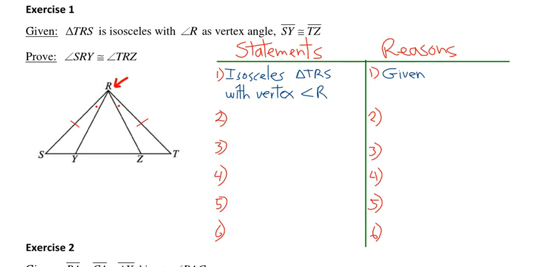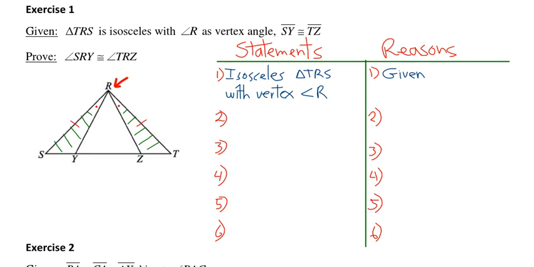So let me highlight them. So this triangle must be congruent to this one in order to say that these two angles are congruent. So our job would be to prove that these two triangles are congruent. And look at what we have. We have here these two sides being congruent because we know the vertex angle is R. And what else can we get?